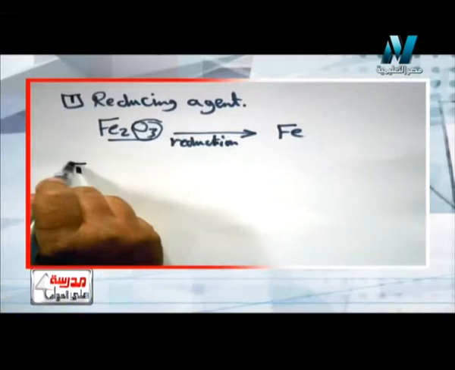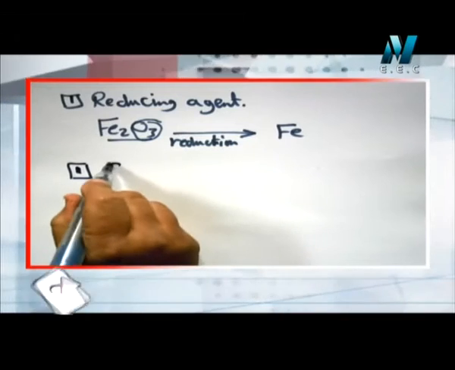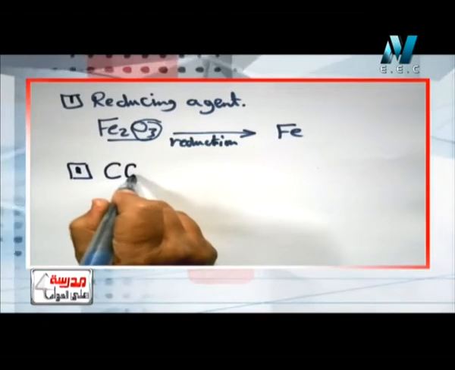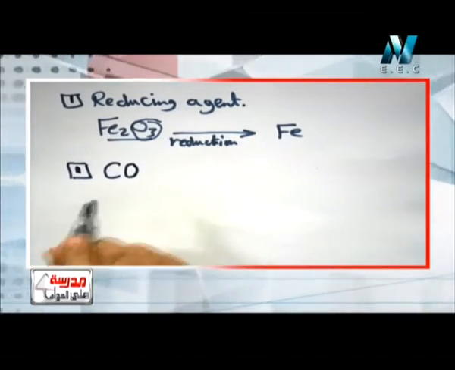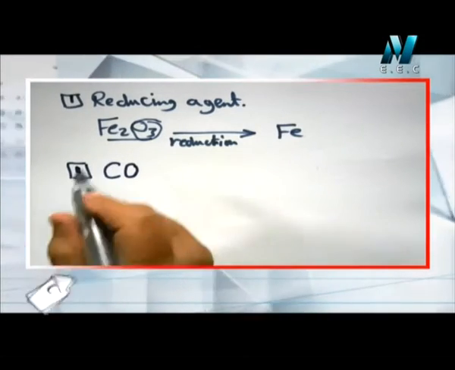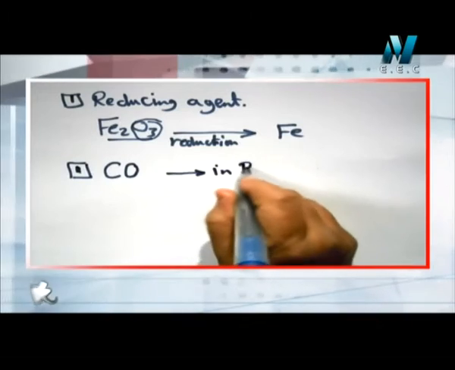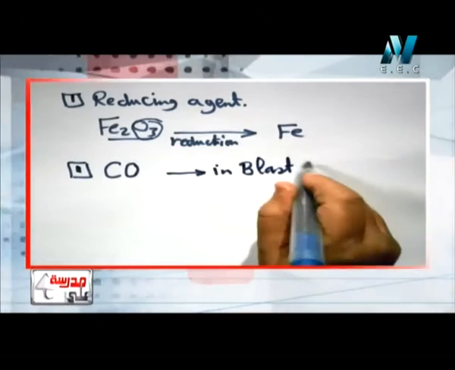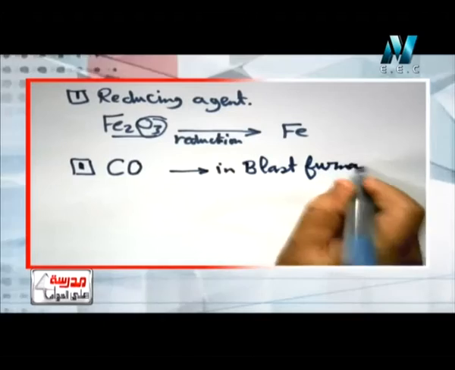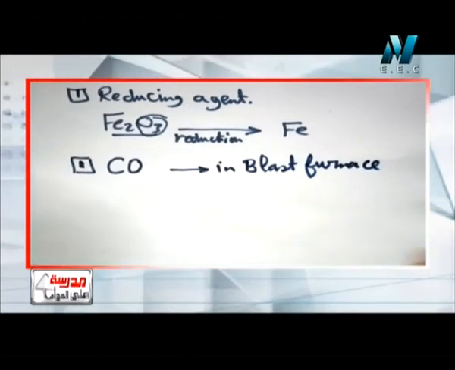The reducing agent may be, number one, carbon monoxide, CO. Carbon monoxide can convert the ore Fe2O3 into iron. We use a big furnace called the blast furnace. Carbon monoxide is used as a reducing agent in the blast furnace.